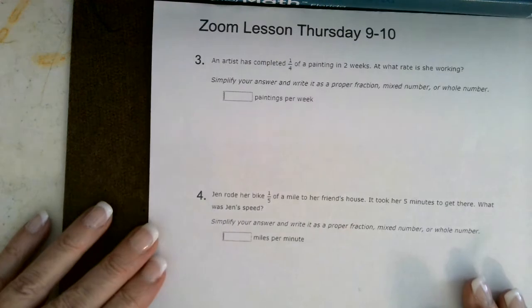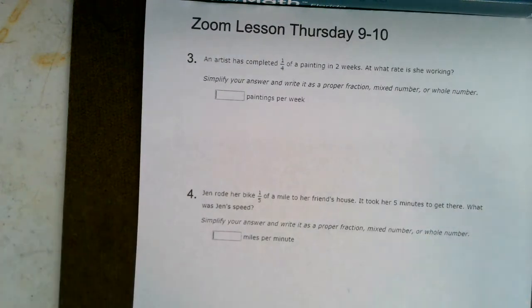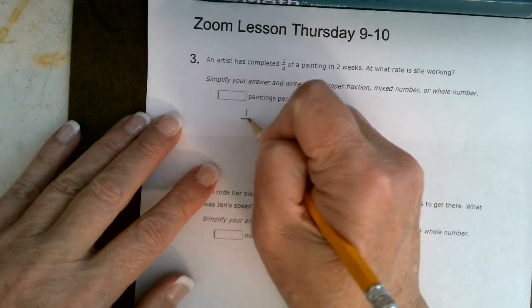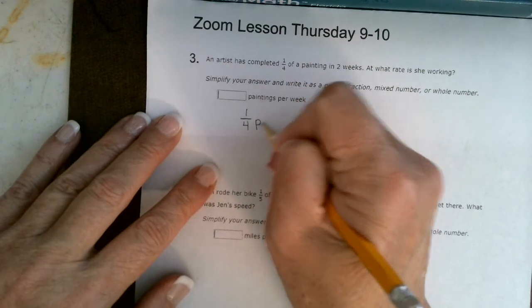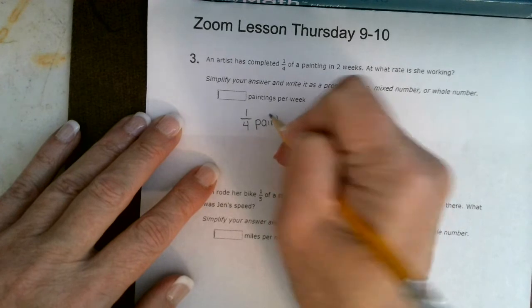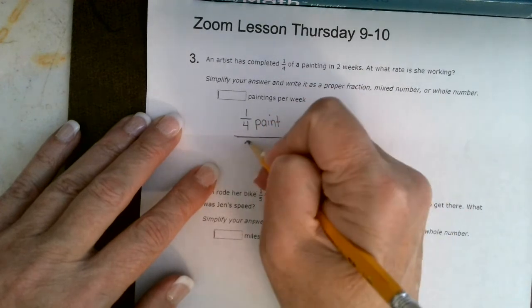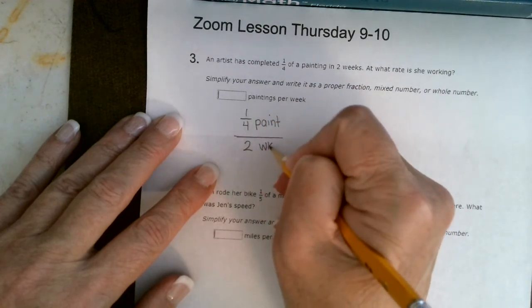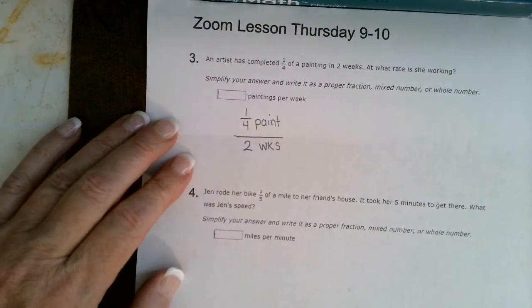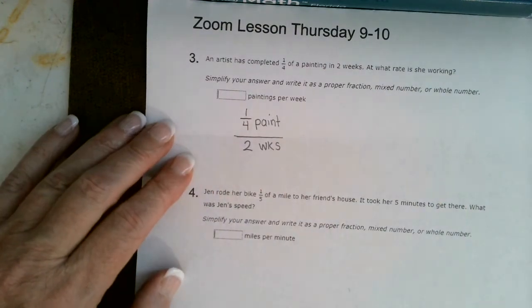And then we're also going to copy down these 2 problems. So an artist has completed 1/4 of a painting in 2 weeks. So we've got 1/4 of a painting in 2 weeks. At what rate is the artist working?